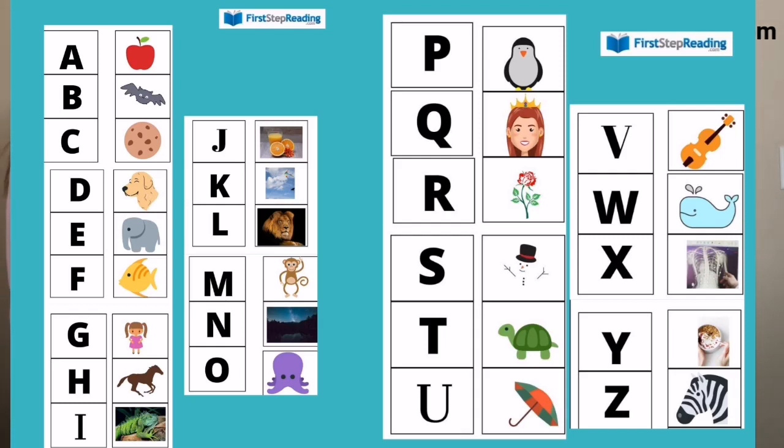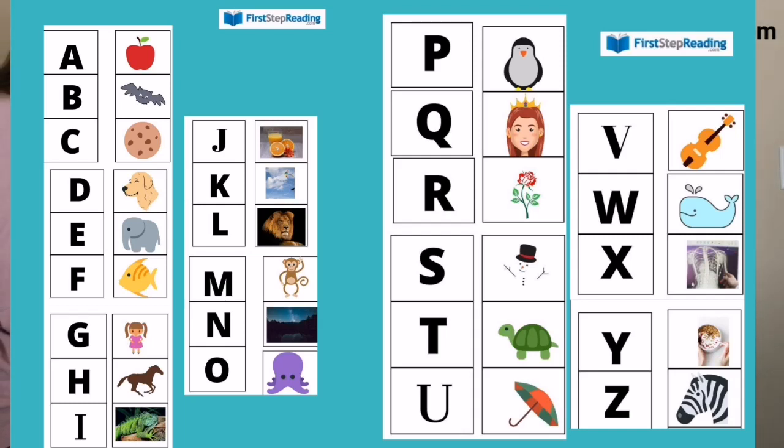Like apple, bat, and cookie. The D says d, d, d, d, d. The E says eh, eh, eh, eh, eh. Like dog, elephant, and fish. The G says g, g, g, g, g. The I says I, I, I, I, I.